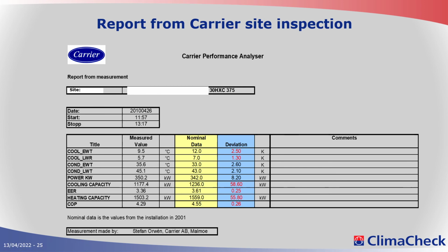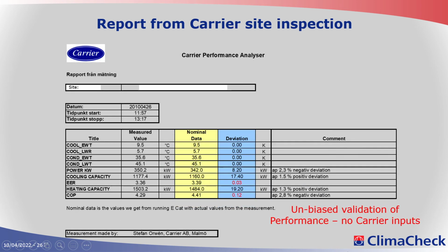So then they enter the measured temperatures into their design data software. Then they can see that, yes, the chiller is performing extremely close to the design. So they can document that it is well within specification.